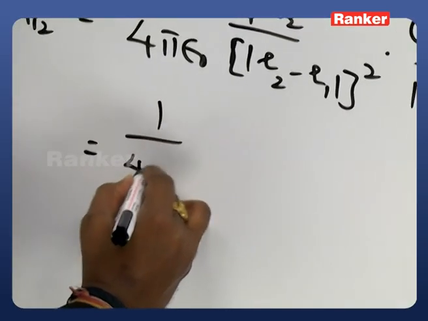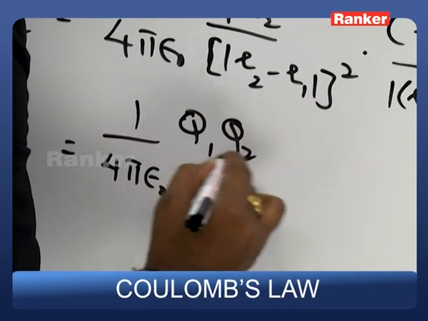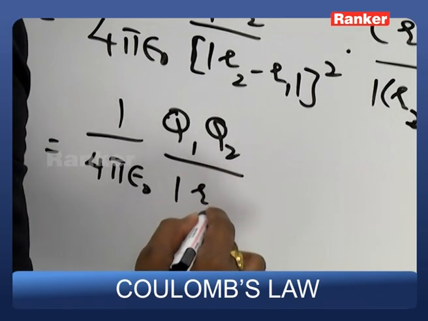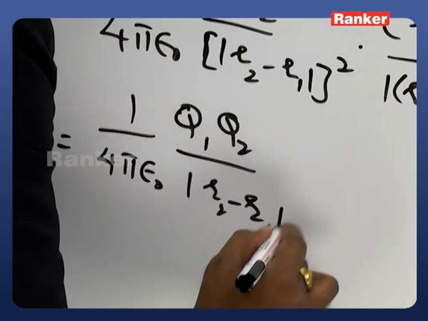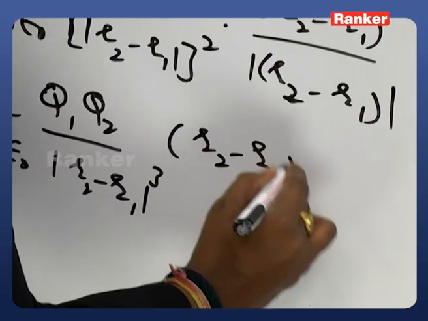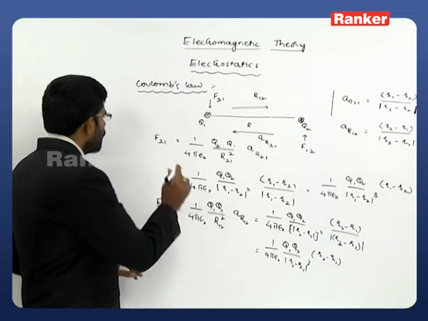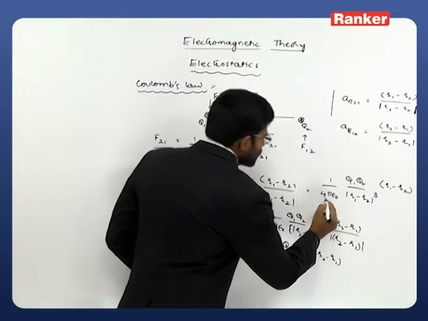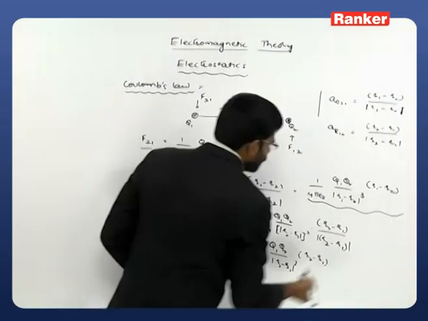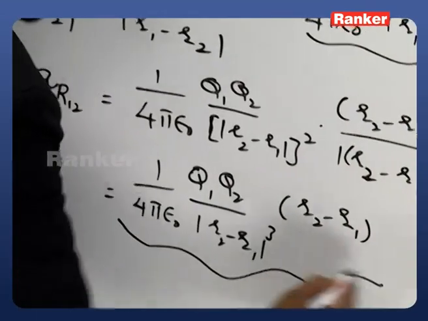Just 1 by 4 pi epsilon naught q1 q2 divided by magnitude of r2 minus r1 whole cube, multiplied with r2 minus r1. Just observe the two forces we derived. F21 is this quantity and F12 is this quantity.